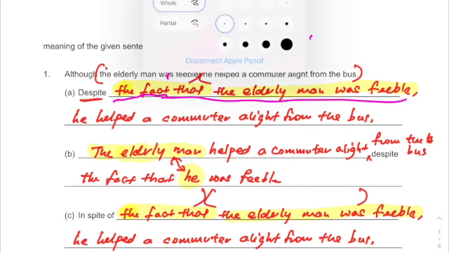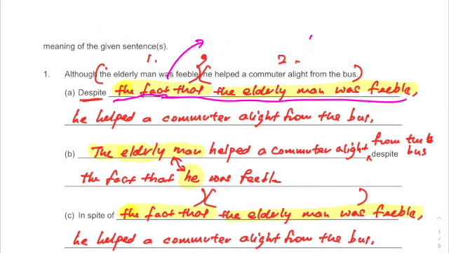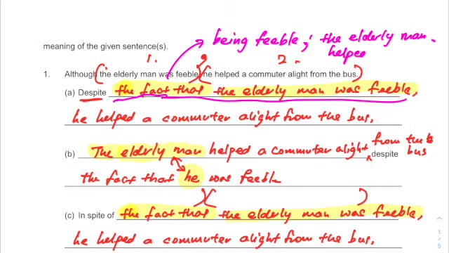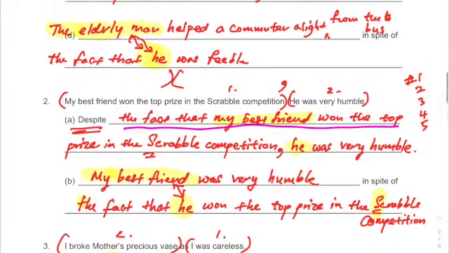So let's change this in the spirit of being even shorter, despite being feeble, comma, the elderly man helped a commuter alight from the bus. Okay, so in this case, because the quality of feebleness is highlighted and the subject is no longer in the front, it goes to the back of the sentence. So it's no longer despite the fact that the elderly man was feeble, despite being feeble, the elderly man helped a commuter alight from the bus.